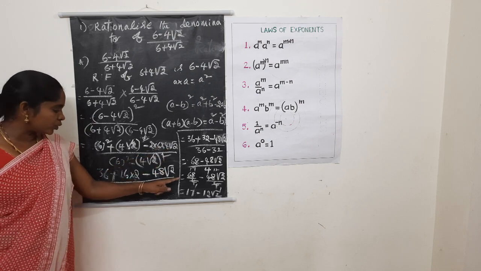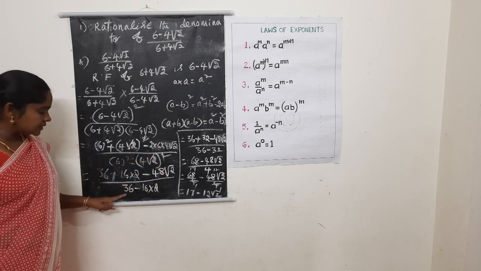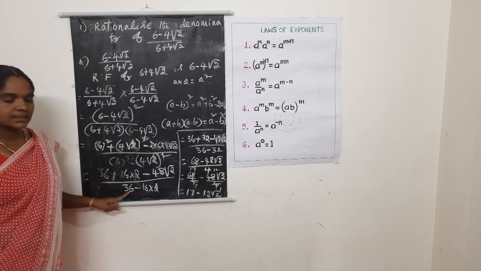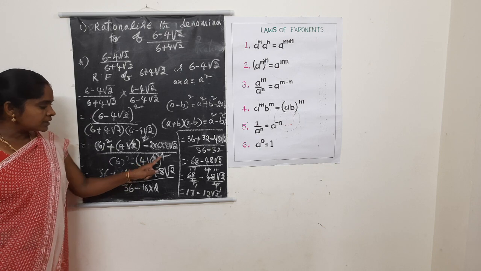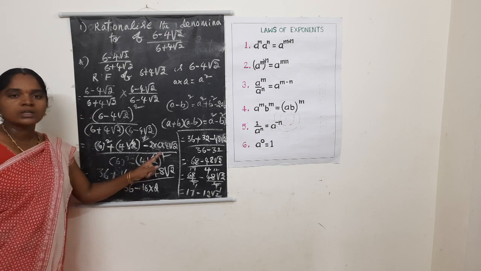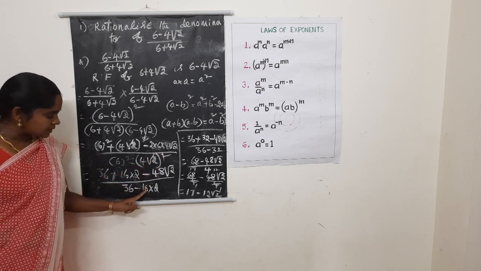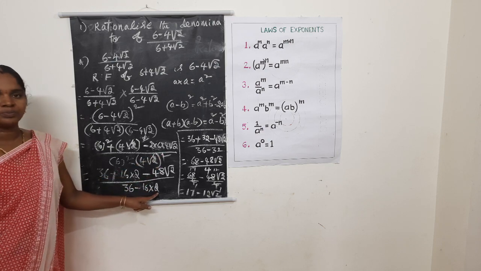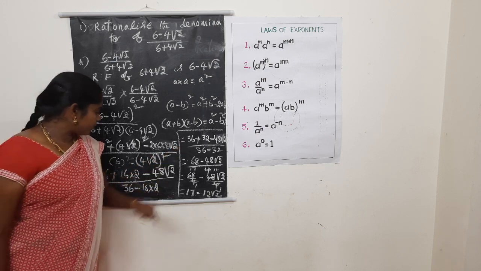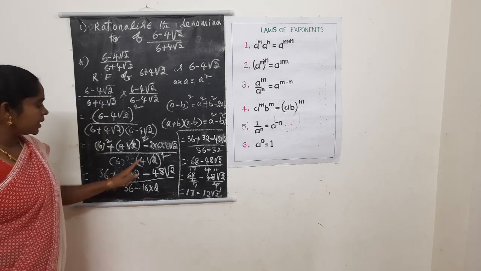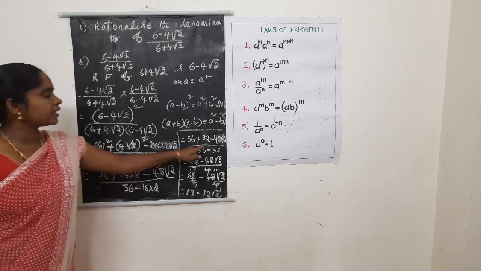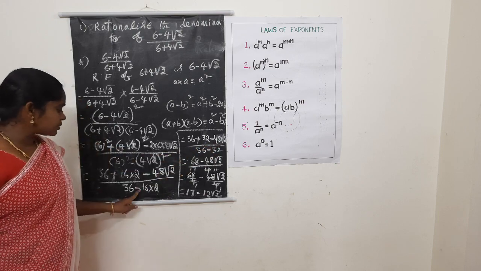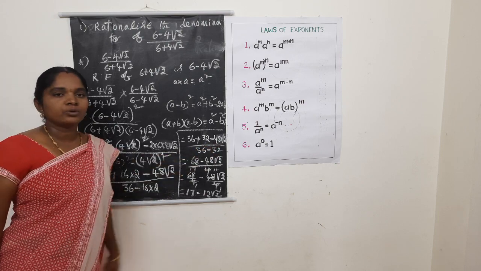So 48 root 2 by 6 square minus, 6 sixes are 36, minus 4 square means 16, into root 2 square, square and square root cancel, 2. So that equals 36 plus 16 twos are 32 minus 48 root 2 by 36 minus 16 twos are 32.